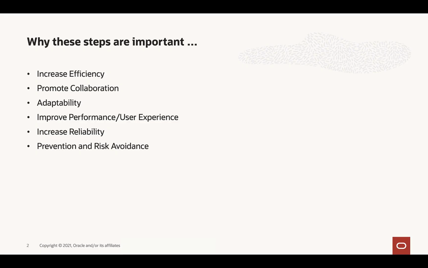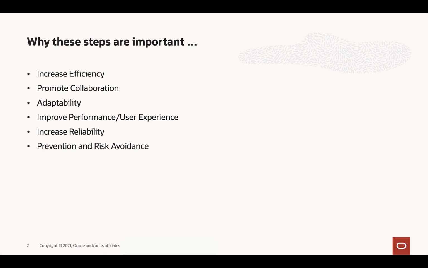So the framework we'll be reviewing today is important for a variety of reasons. In combination, these steps will increase efficiency of your Java environment. We anticipate they will help promote collaboration among your cross-functional teams. We anticipate an improvement in your adaptability and your ability to pivot.